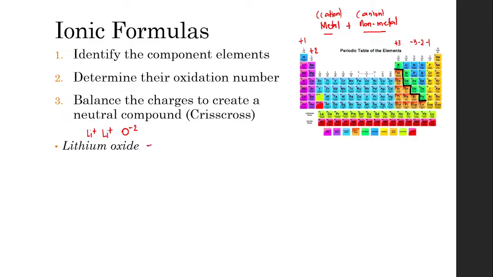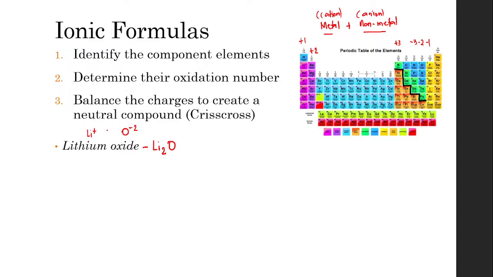So now this will tell you what your lithium oxide ionic formula is. Lithium oxide is actually going to be Li2O. This 2 right here is the number of lithiums that you have, and you would have your oxygen, because you only have 1 oxygen. So what is this crisscross method? Well, if you remove this, this is our original.